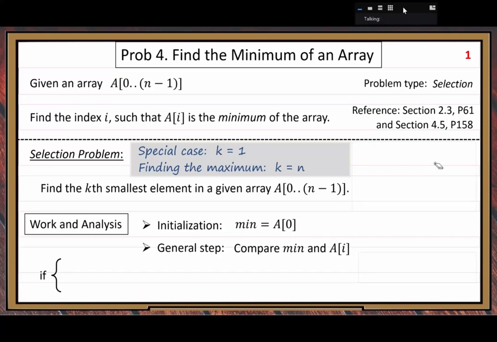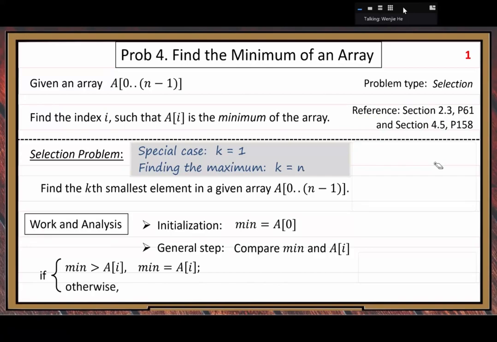If min is strictly greater than the value of the current element, then we get a better one because we reduce the value stored in the min variable. So we should update it. In this situation, we should update it because we can make it smaller. So let's update the min value with the value of the current element, A of i. You improve it.